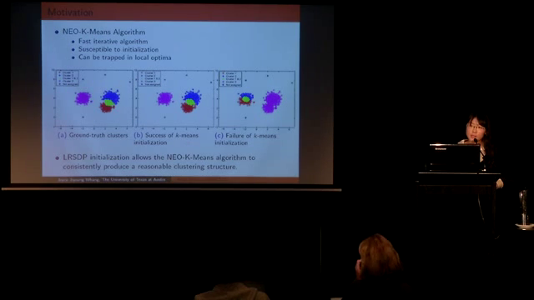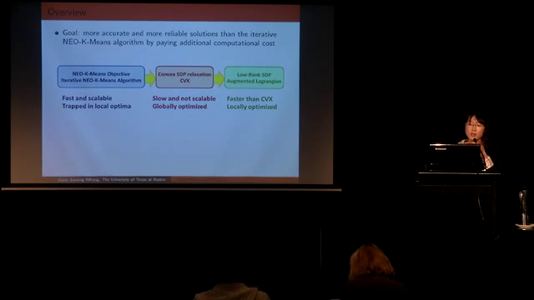Indeed, using our new methods, we observed that we are able to consistently produce reasonable clustering results like this. So our goal is to get more accurate and more reliable solutions by paying additional computational cost.